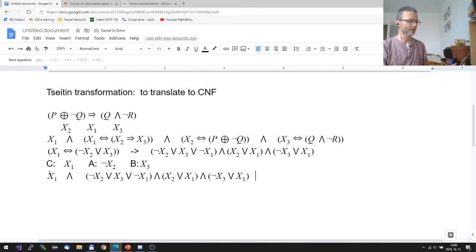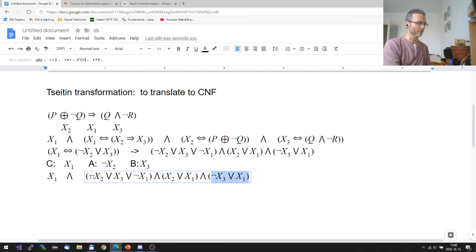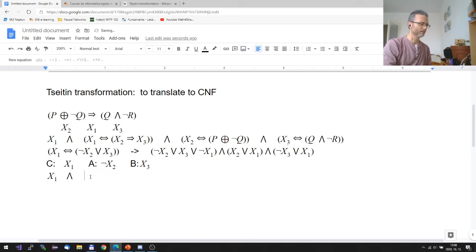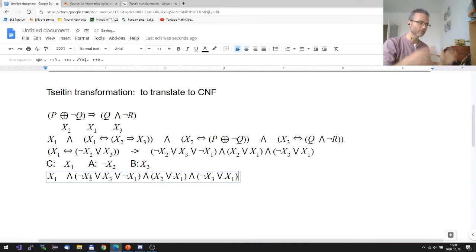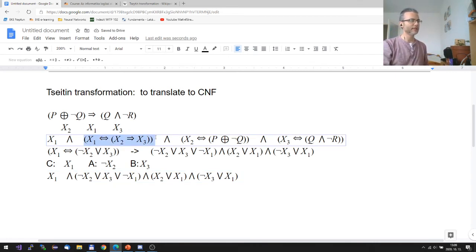You see, we have 1, 2, 3, 4 clauses which are connected with the conjunction. So this is how you proceed. Again, you translate each and every equivalence to CNF separately, and then you just plug those CNFs into your formula. All right.